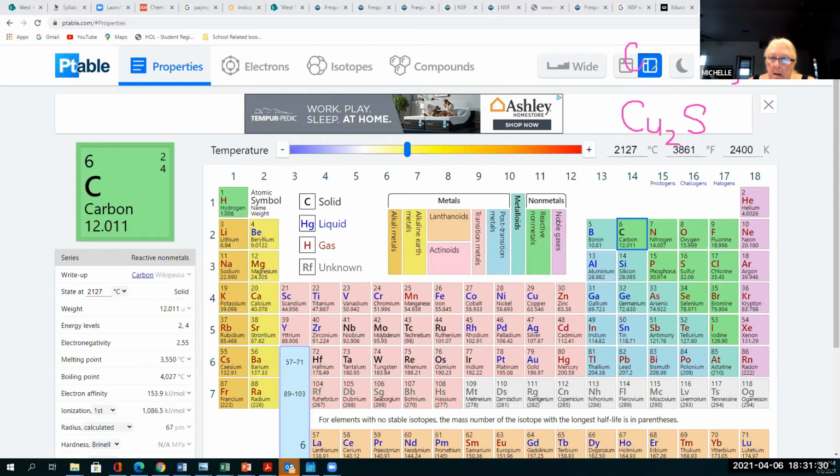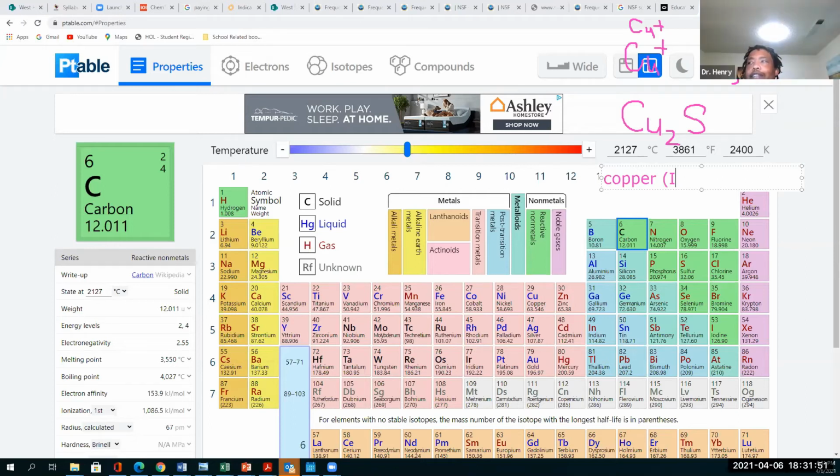So Cu plus. Then what would I name this compound? Copper sulfide, because each one of the coppers is 1.